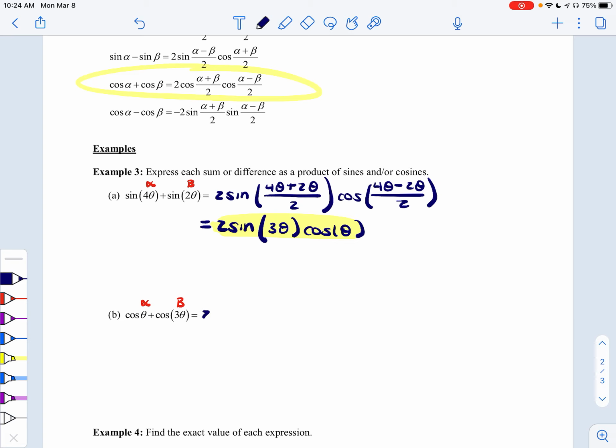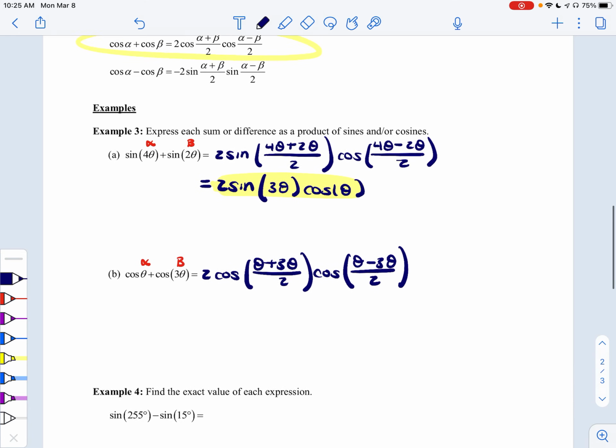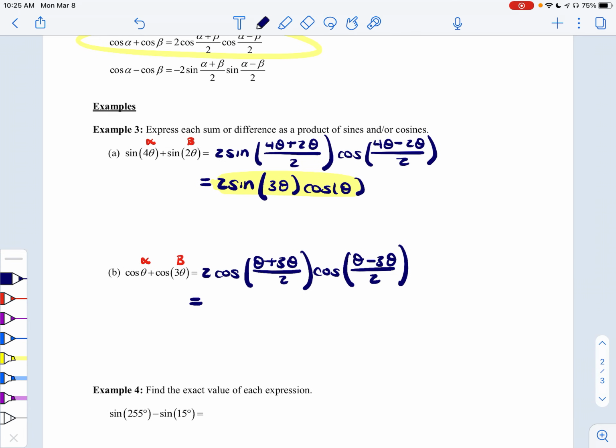So we'll have 2 times the cosine of (theta plus 3 theta) all over 2 times the cosine of (theta minus 3 theta) all over 2. Simplify. This would be cosine of 4 theta over 2, which would be 2 theta, times the cosine of theta minus 3 theta, which is negative 2 theta over 2. So that becomes negative theta.